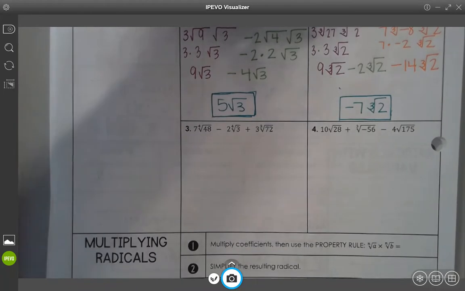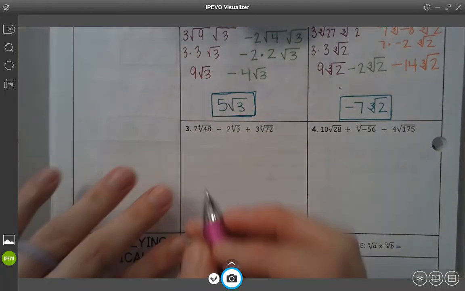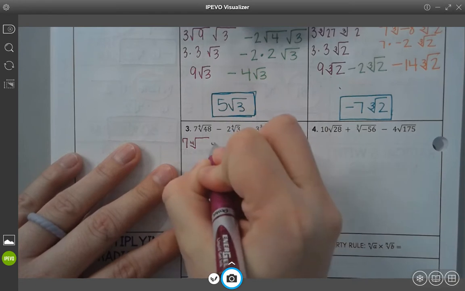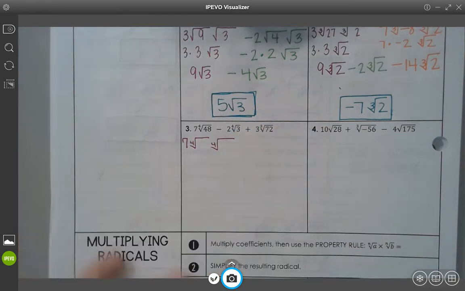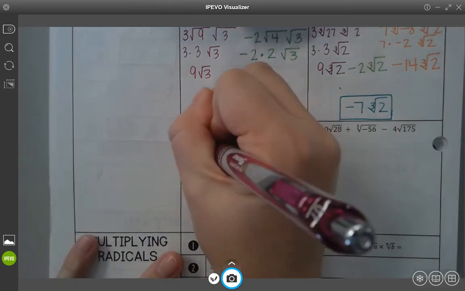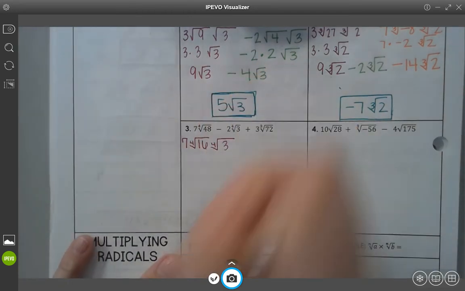All right. Number 3. Got 7. We have these fourth roots. What is the largest perfect fourth that goes into 48? 16 times 3.